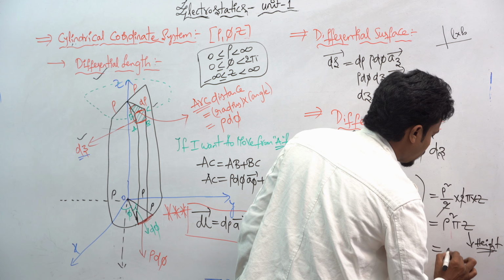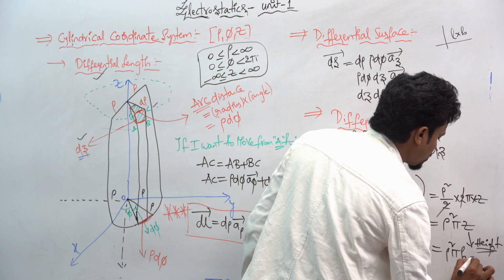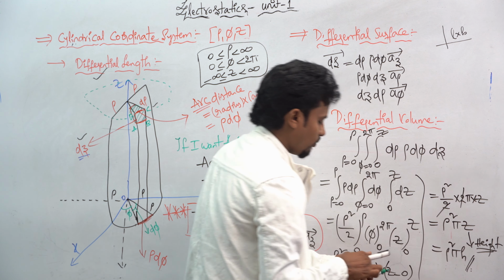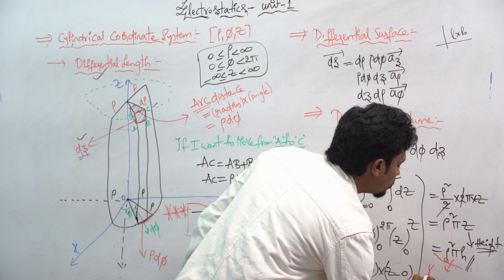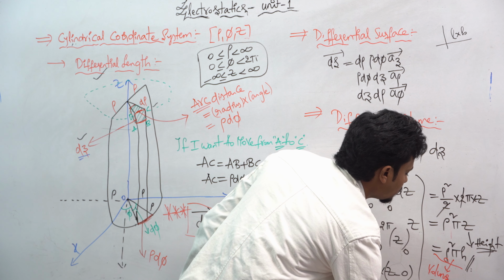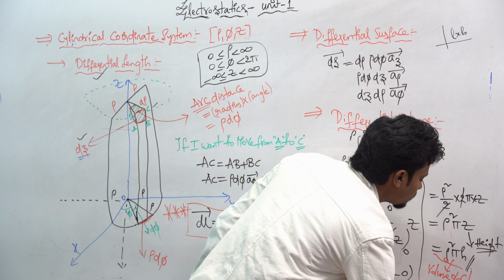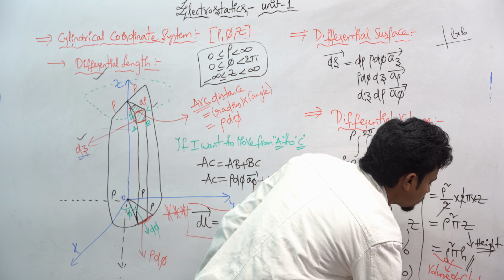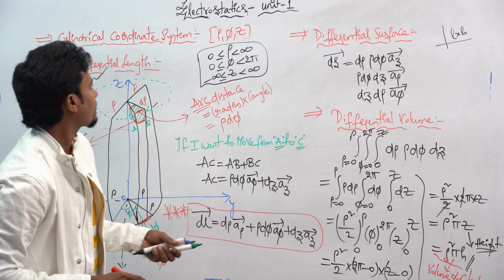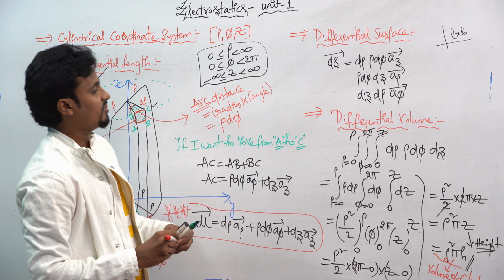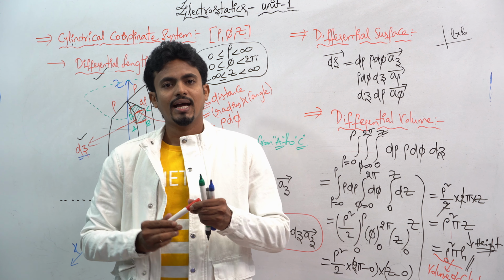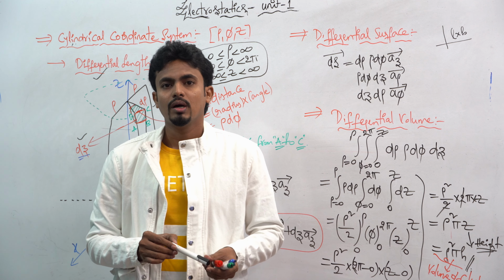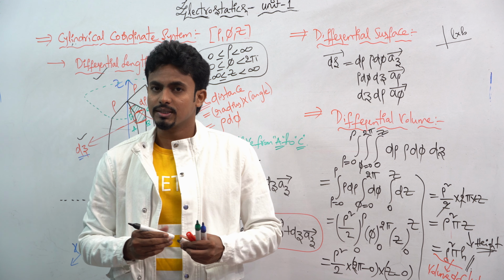This will become rho square pi h. This is the volume of the cylinder. This is your differential length, differential surface as well as differential volume for the cylindrical coordinate system.